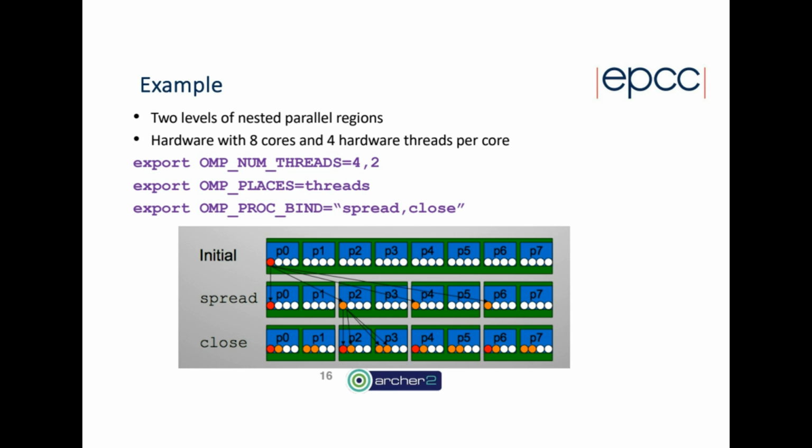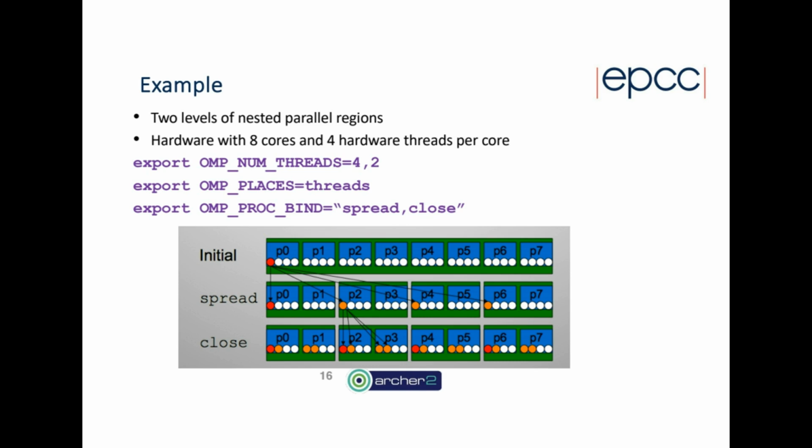There really has to be some collaboration between the batch system, which is allocating the hardware resources, and the OpenMP runtime, which is generating the threads and deciding how to map your threads onto those hardware resources. So it can end up being a combination of both the operating system and the OpenMP runtime via the environment variables.